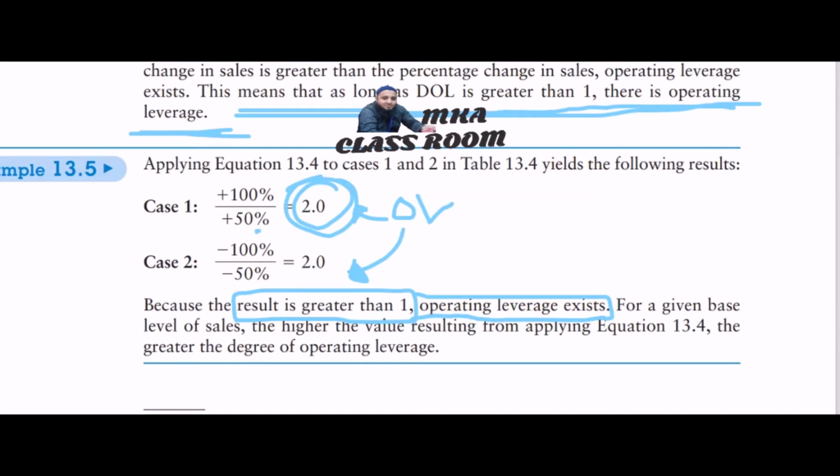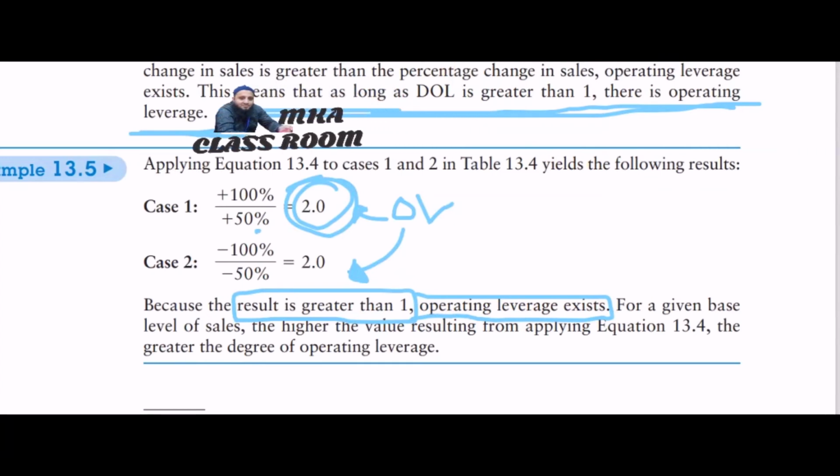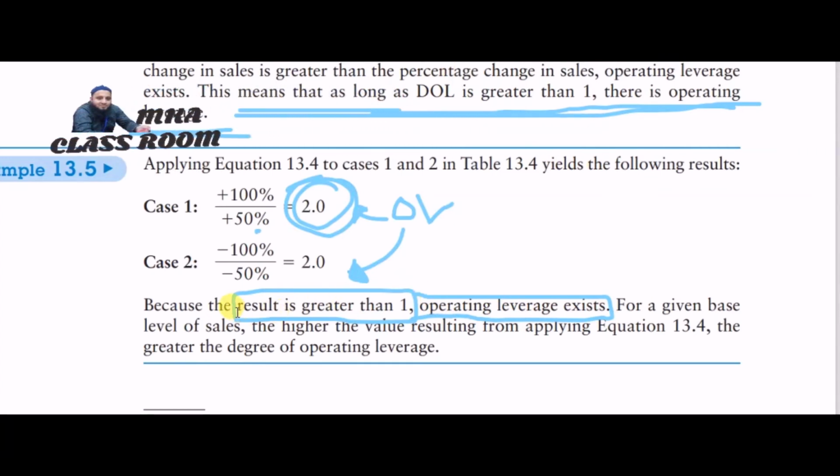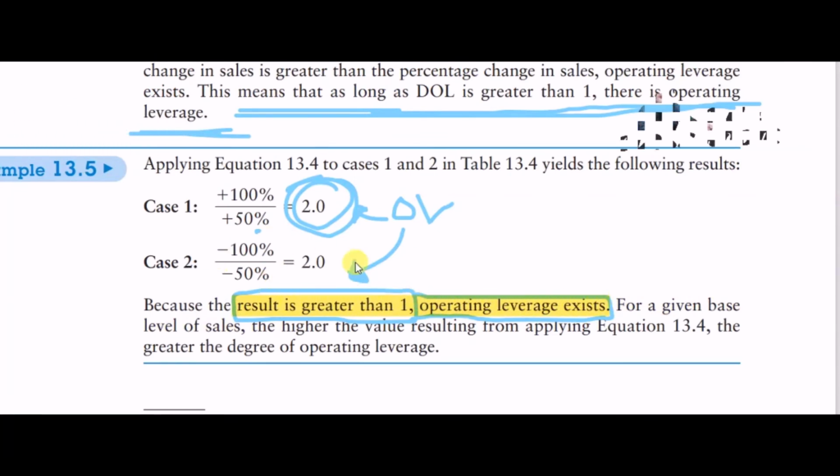That means if our DOL result is more than 1, there is operating leverage.